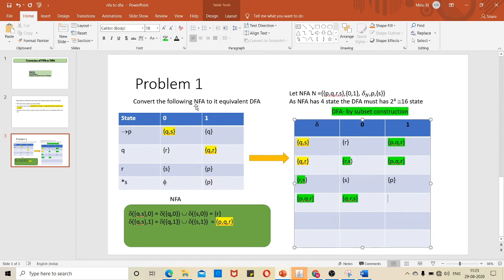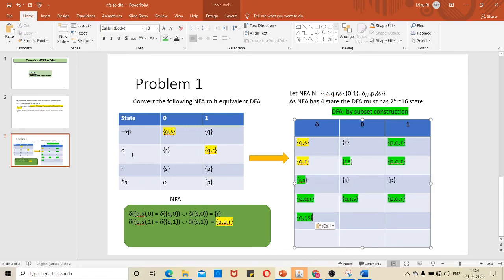Then with respect to 1, p, q, r goes to p, q, r, which we already have, so no problem. Again we got this particular new state q, r, s which we need to handle.